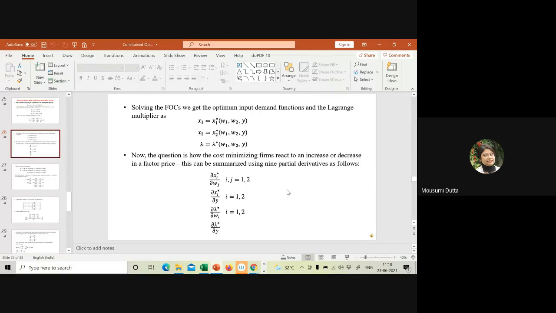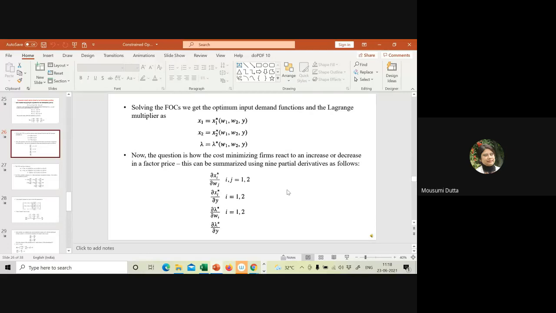If input is a normal good, it will increase. However, if it is an inferior good, as output increases, you will use less and less of that input, and you will substitute it by more and more of the other input, which is a normal or superior one. Okay, so all these concepts will come.